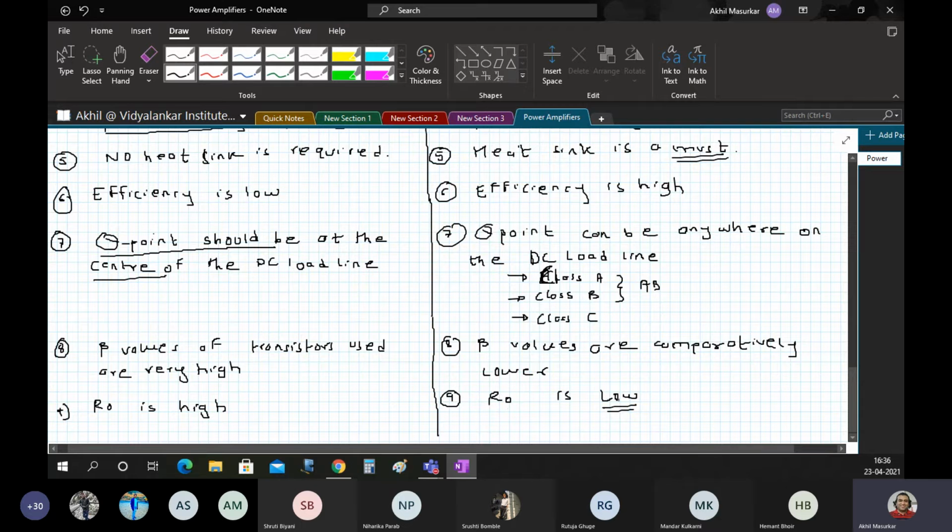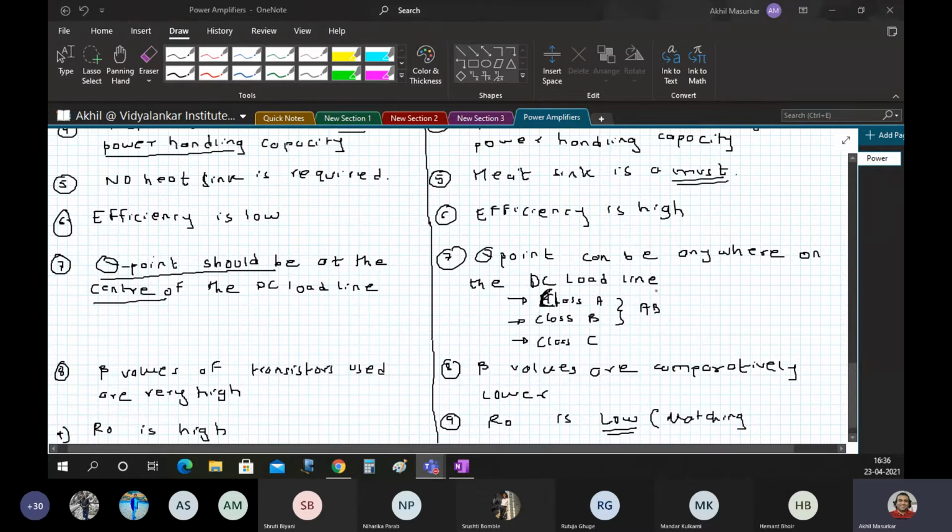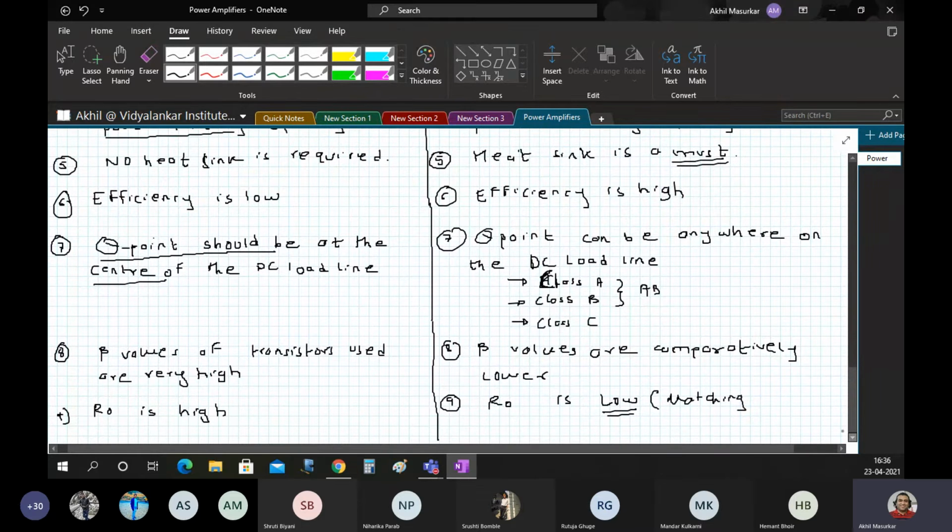Because of this, matching the impedance with the load becomes easy.